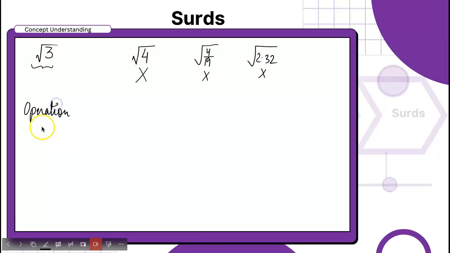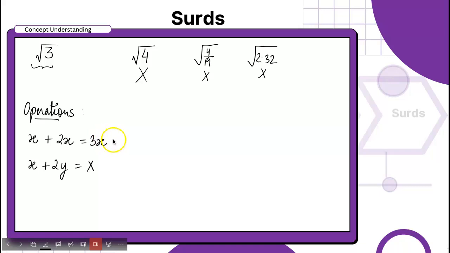Operations mean adding, subtracting, multiplying and dividing. Handling surds is not really different from handling variables. Like you can add x plus 2x, that gives us 3x. But if the question comes x plus 2y, we can't add it. It's in simplified form, the answer will be x plus 2y itself. Same for surds.